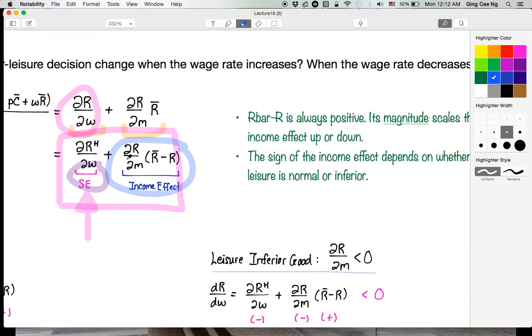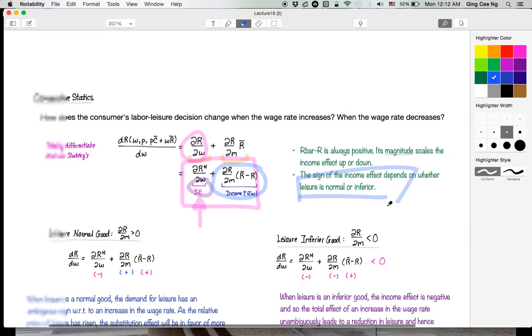Whether or not this income effect is positive or negative is going to depend on whether leisure is normal or inferior. If leisure is a normal good, which means the higher your income is, the more leisure you consume, that's going to reinforce the substitution effect.